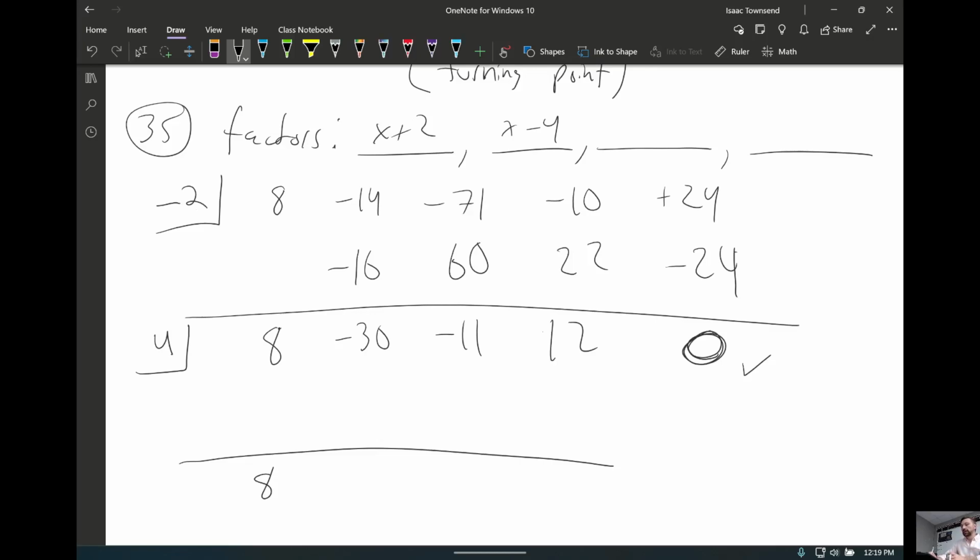So add and multiply, add and multiply, add and multiply. And again, you should have anticipated another remainder of 0, because that's supposed to divide into it. That's what it means to be a factor, that it can divide evenly into it.